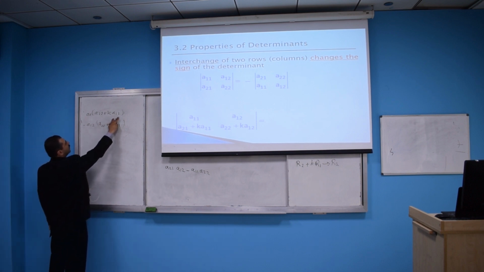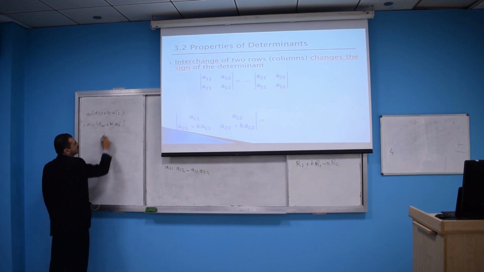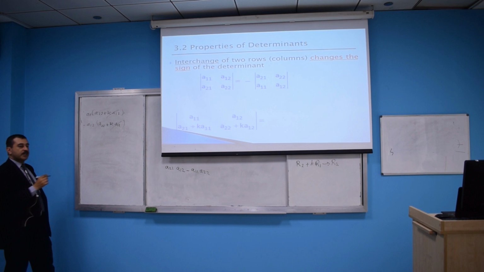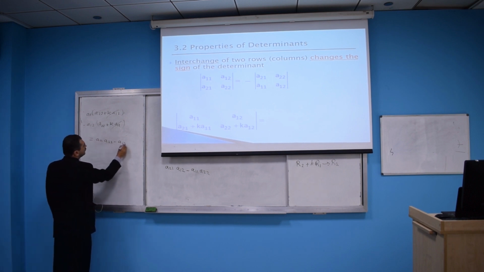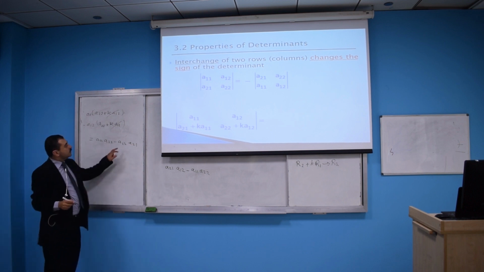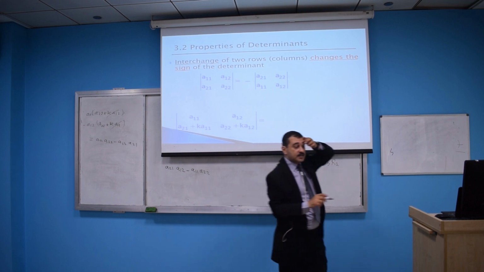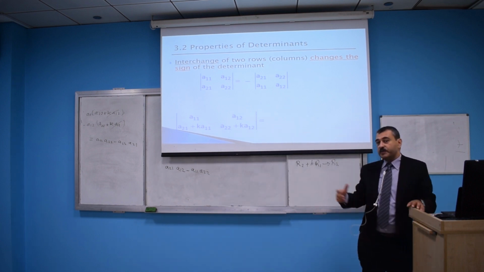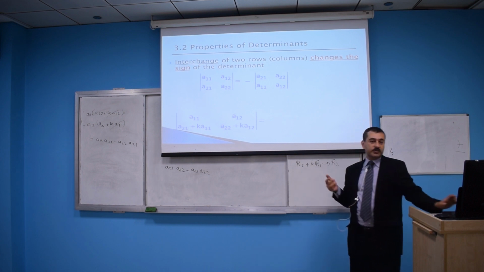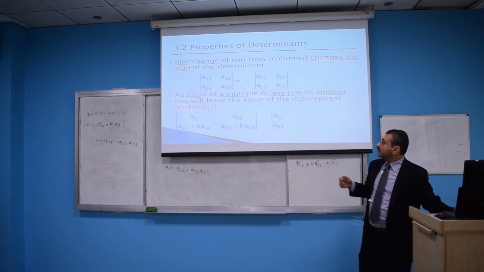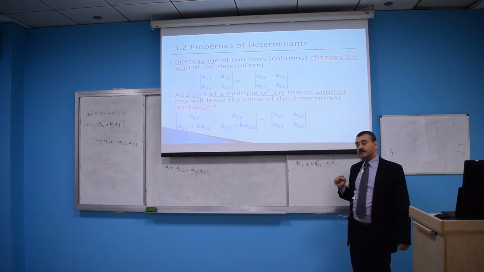You have K A12 A11 and K A12 A11, so these are cancelled out. So we'll get A11 A22 minus A12 A21, which is the same as the determinant of the original. So if you do the row replacement operation, it would not change the value of the determinant. You will get the value of the determinant as it is.